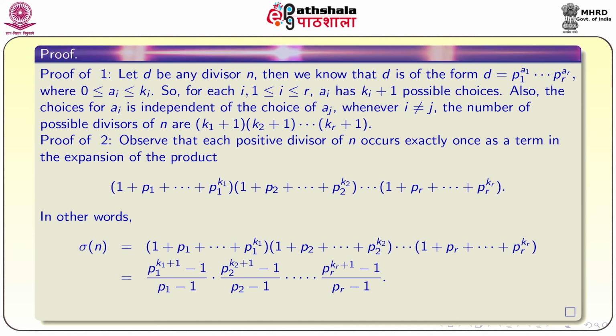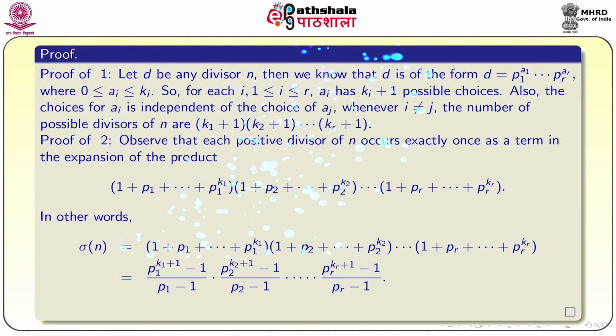Let d be any divisor of n. We know that d is of the form p1 power a1 into p2 power a2 and so on pr power ar, where 0 is less than or equal to ai is less than or equal to ki. So, for each i, 1 less than or equal to i less than or equal to r, ai has ki plus 1 possible choices.